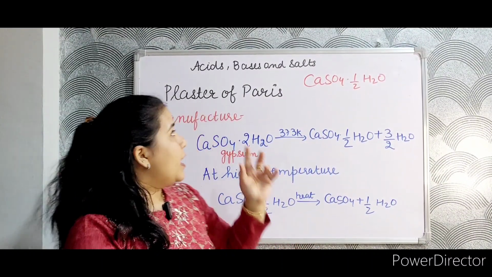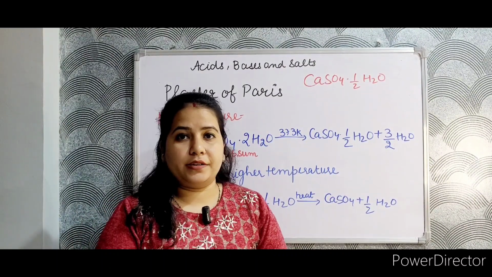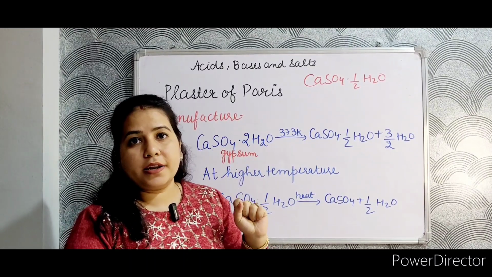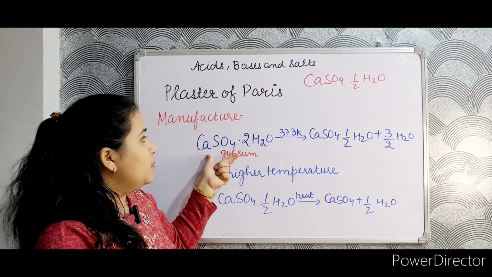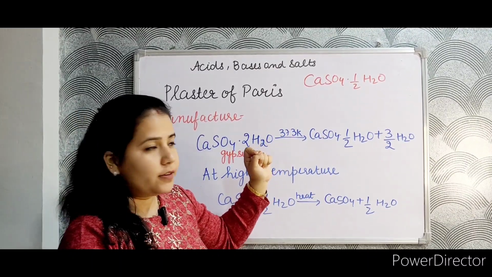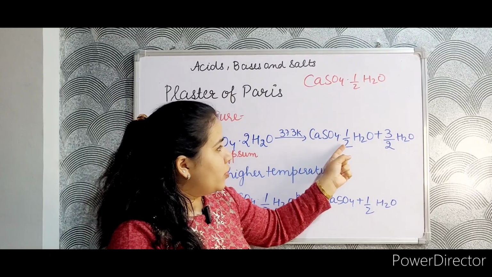As the name plaster of Paris suggests, it is related to Paris. It was initially prepared in Paris when gypsum is heated to a temperature of 373 Kelvin. Plaster of Paris is prepared, CaSO4.1/2H2O.